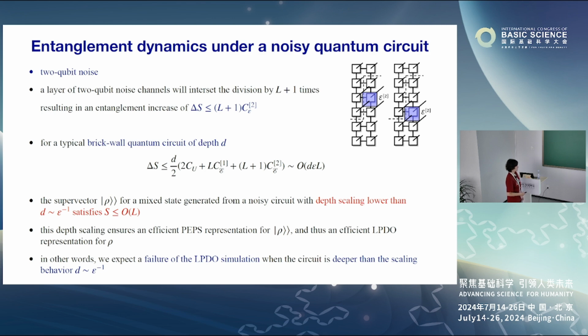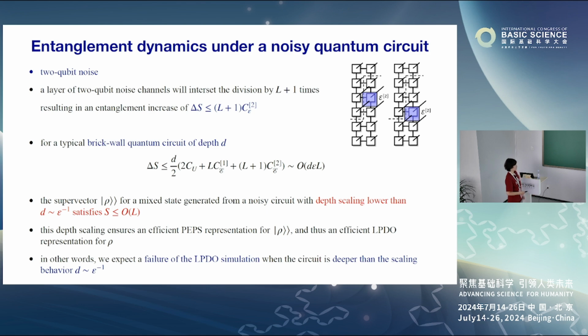So this means that if the circuit depth is not too deep, the entanglement will not be very large. So this depth scaling ensures an efficient representation for this PEPS-like vector. So this also ensures an efficient LPDO representation.